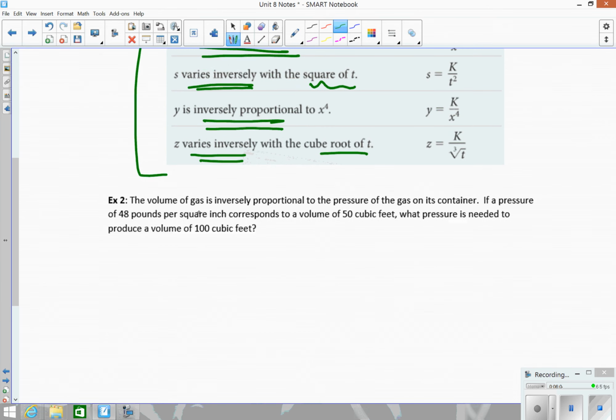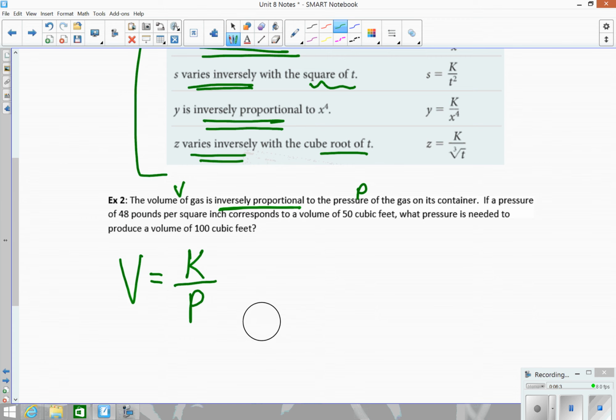The volume of gas is inversely proportional, so there are my keywords, to the pressure of the gas on its container. So if I say volume is V and let's call pressure P, volume is inversely proportional to the pressure, so my constant K over the pressure.